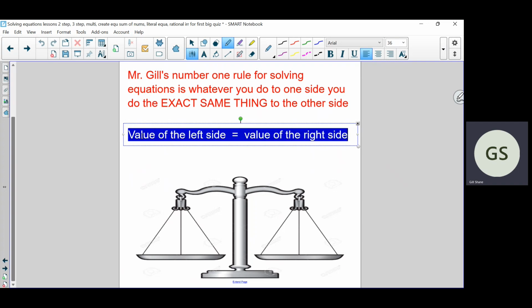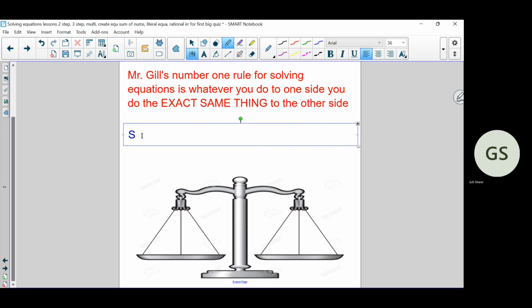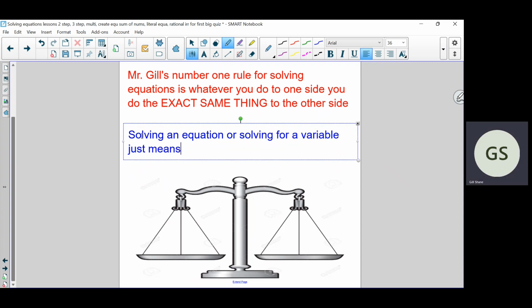So here's your last step. So again, this is a definition that I'm about to give you. So this is Mr. Gill's definition of solving. Solving an equation or solving for a variable just means get that variable alone on one side.